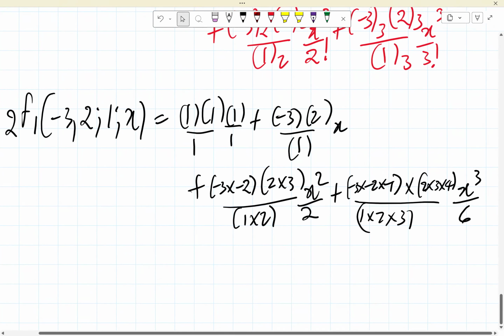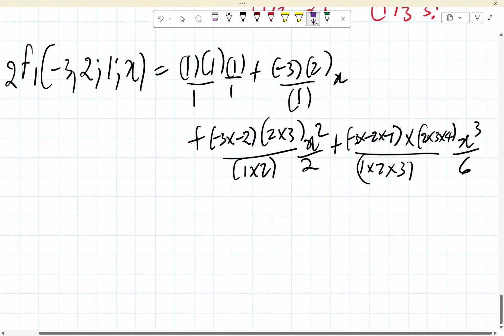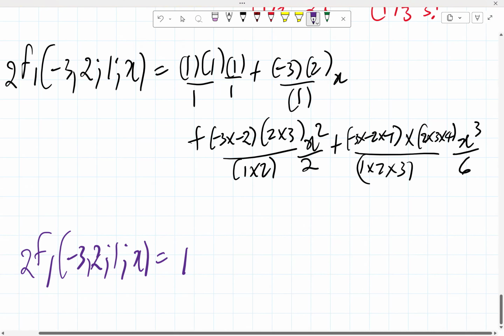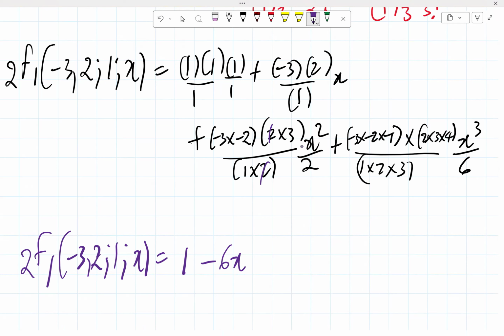So we can tidy this up now. We have 2F1 of minus 3, 2; 1; x, and that will be equal to, all of this is 1 here. Then coming here, we have minus 6x, because this is 1 down here. Then for these two, this 2 cancels this 2.